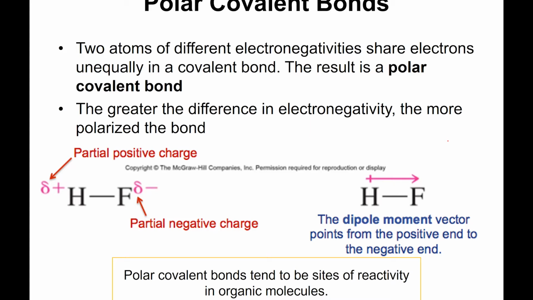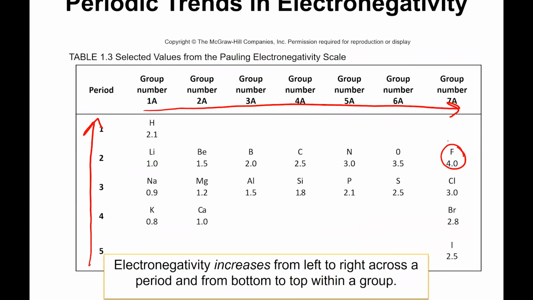It takes on almost all of that electron density, whereas the hydrogen is partially positive charged. It gives away most of its electron density. And if we refer back to the table, you can see the difference in their electronegativity. Fluorine, again, has an electronegativity value of 4, while hydrogen only has a 2.1.